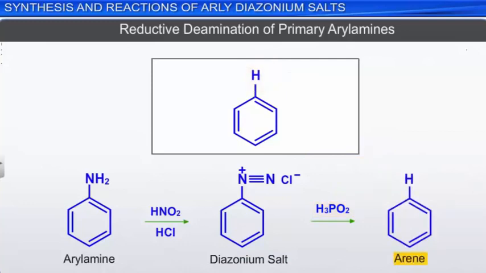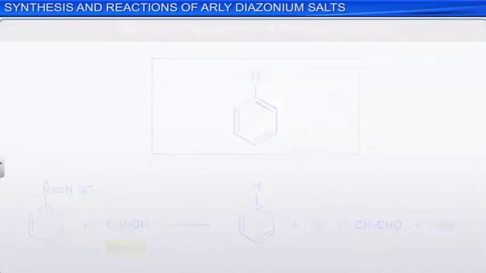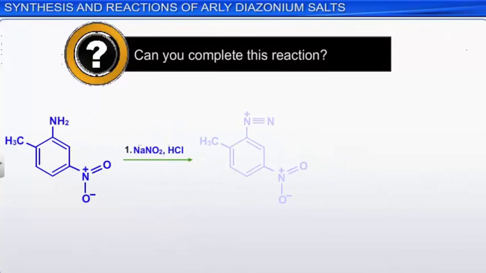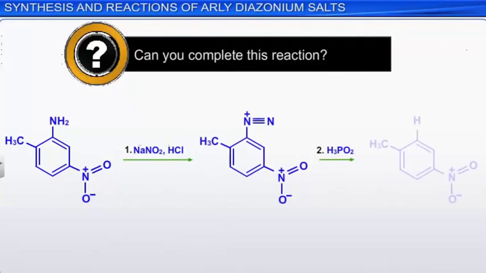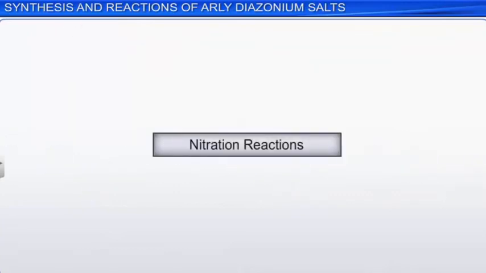Alternatively, this can be carried out using ethanol. Can you complete this reaction? In the first step, the corresponding diazonium salt is prepared. Next, the diazonium group is replaced with a hydrogen atom. Nitration reactions replace the diazonium group by a nitro group.